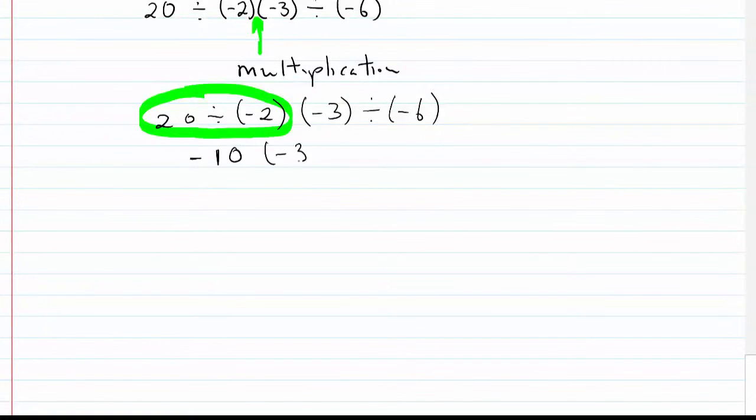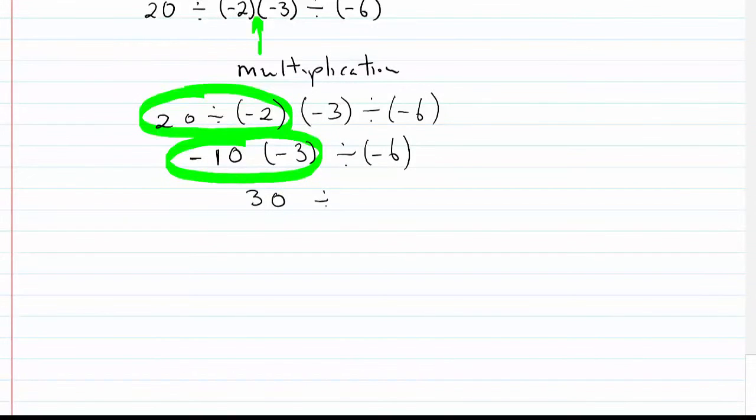Now I'm going to multiply by negative 3, and when I finish, I'll divide that by negative 6. So my next step is to work these two. Negative 10 times negative 3 becomes positive 30, and if I divide that by negative 6, signs are different, so my answer will be negative, and here I have negative 5 as my result.